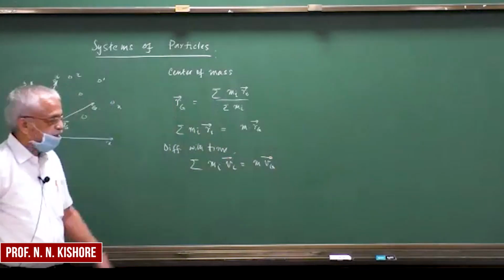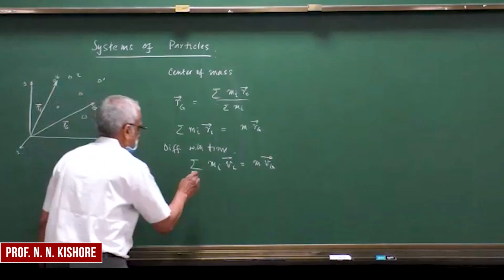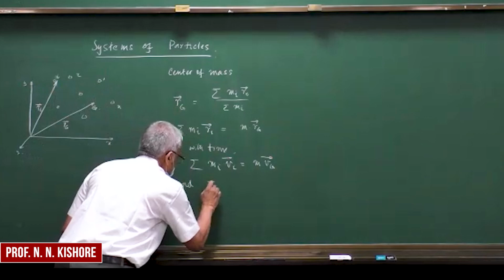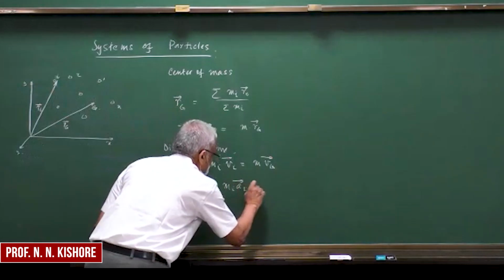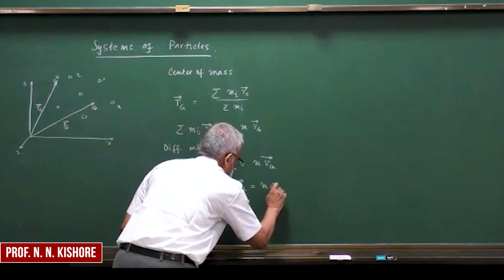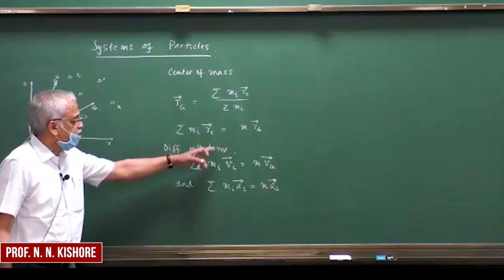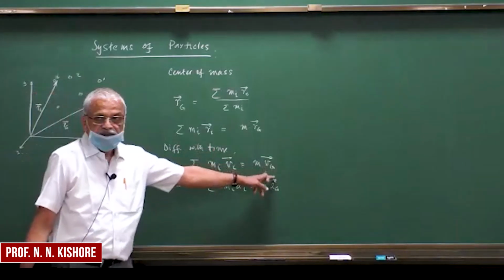So it can even be extended to velocity here, and of course acceleration. So this sum total of all the velocities weighted with mass can even be written like this.